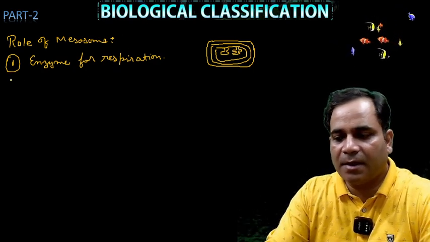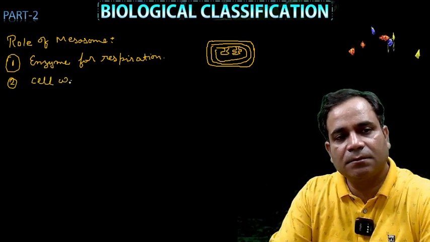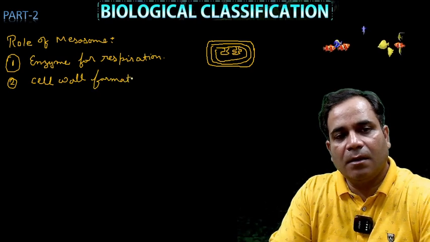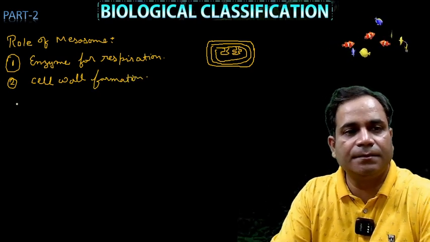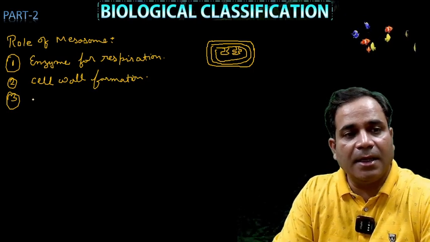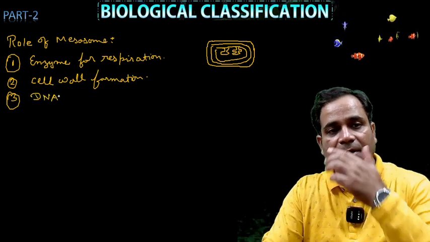Clear? Second one is cell wall formation. Now, third one is DNA replication. When the DNA replicates, this one is the mesosome.